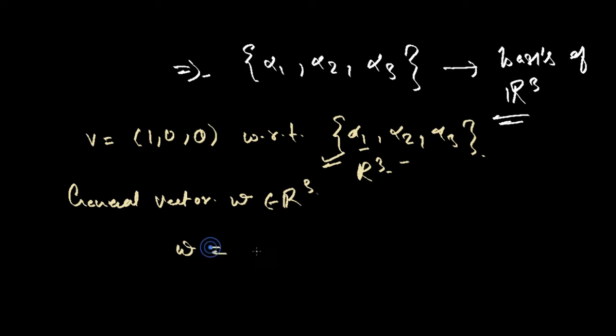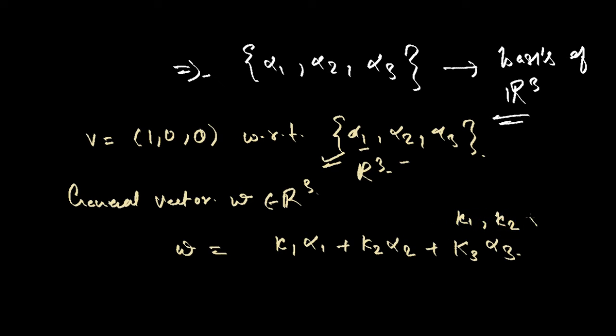So W can be written as, let's say, K1 multiplied by alpha 1 plus K2 multiplied by alpha 2 plus K3 multiplied by alpha 3, where these K1, K2 and K3 belong to the field R. So any general vector can be written as a linear combination of the elements of the basis. And what are the elements here? Alpha 1, alpha 2 and alpha 3, right?